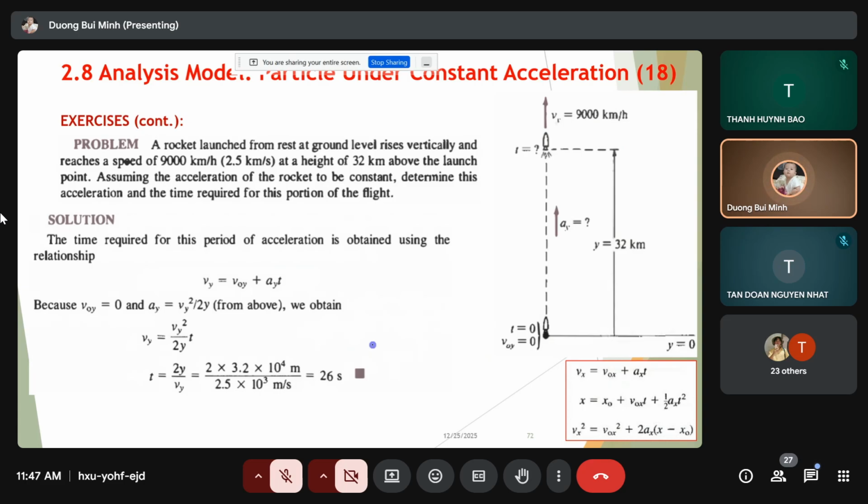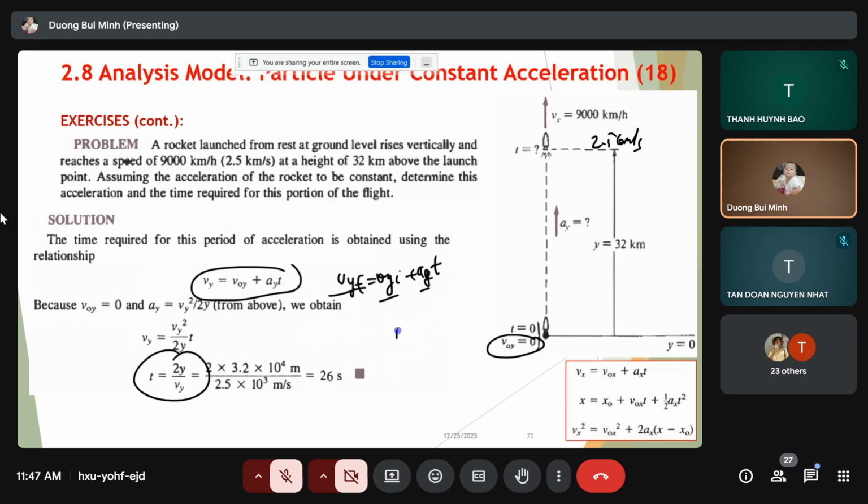Based on this formula, because we know ay, vyf is vyi plus ay times t, and we know vyi is 0, vyf is 2.5 kilometer per second. You can get the time, which should be positive.